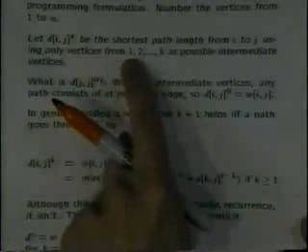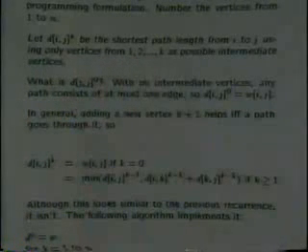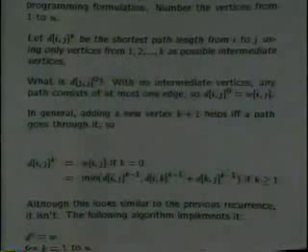Yet another way to characterize the shortest path from i to j is as follows. Let d sub ij superscript k be the shortest path length achievable from i to j by only using vertices 1 through k as intermediate vertices.